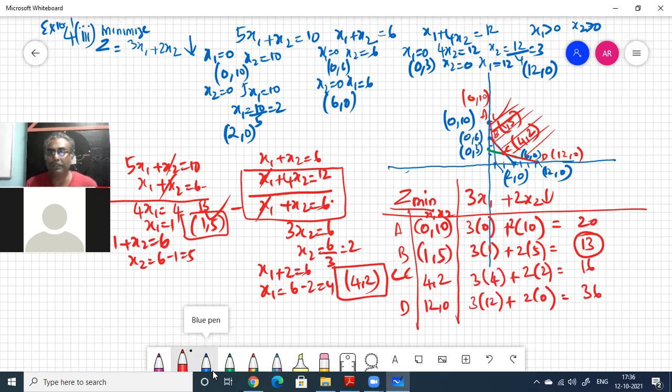So Z minimum is equal to 13, where x1 equal to 1 and x2 is equal to 5. That is the answer.